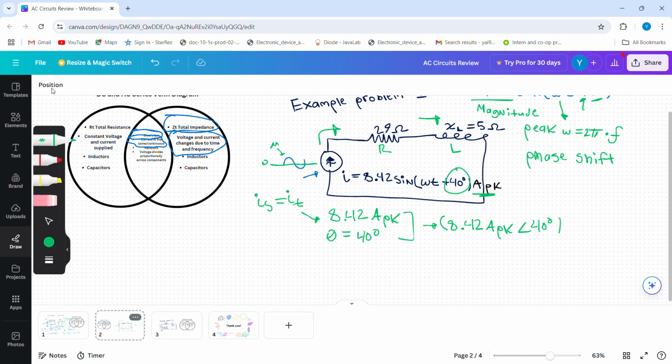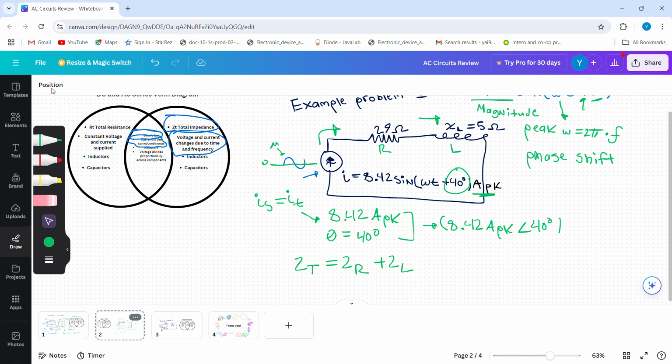We have to do a little bit more thinking. And if you remember from the last slide, that's where we talked about ZT. And ZT is the total impedance. We do know that the total impedance will be, in series, the sum of each component. So the impedance of the resistor plus the impedance of the inductor.